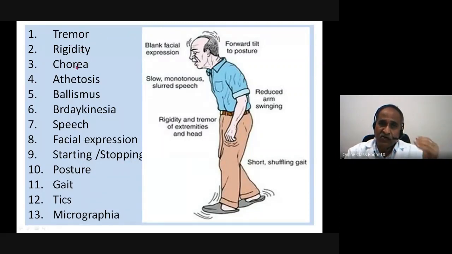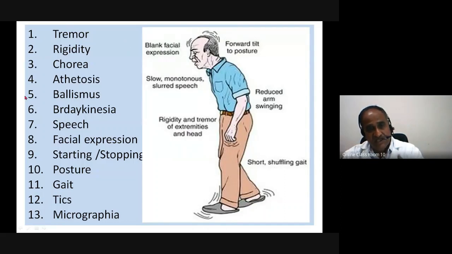These are all manifestations of Parkinson's or the basal ganglia disorders. Tremor, rigidity, chorea, ballismus, bradykinesia or akinesia, speech disorders, the masked facial expression, the starting and stopping of an action, abnormality of posture, flexion attitude, the festinating gait, the tics, the micrographia.